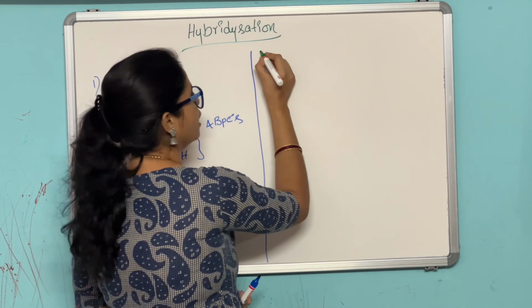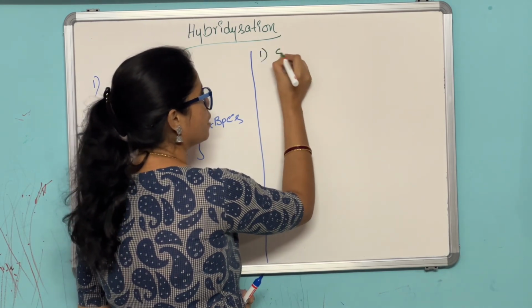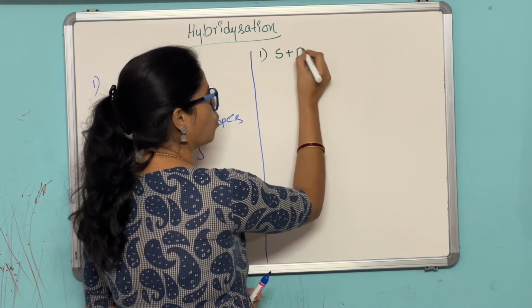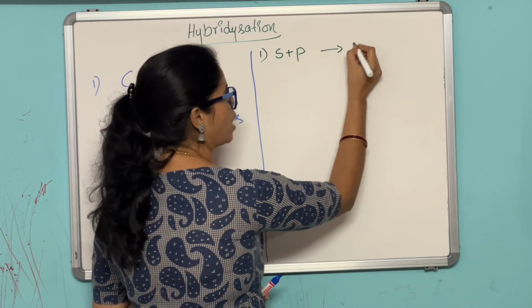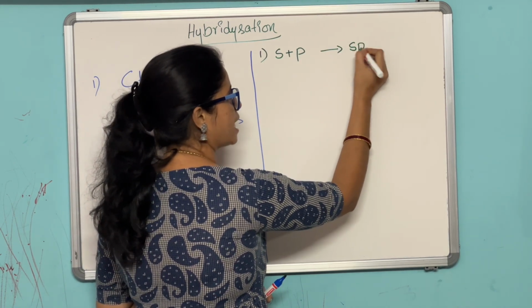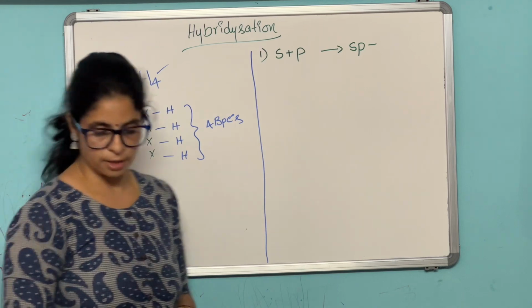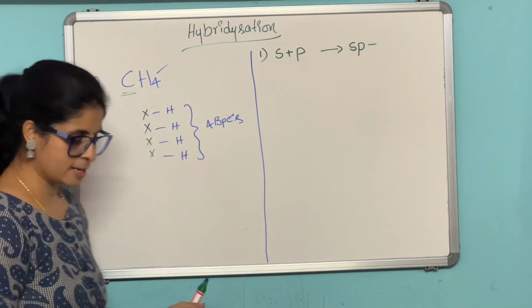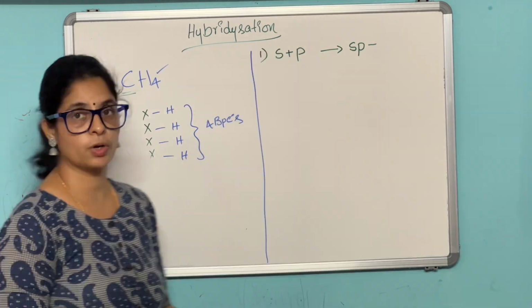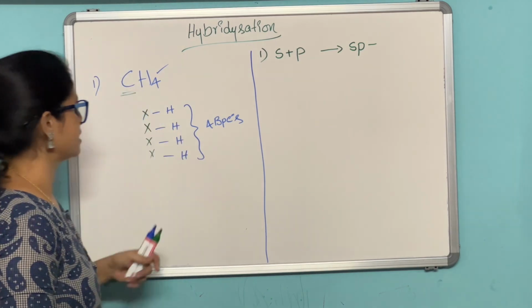If one s orbital and one p orbital overlap, the type of hybridization is sp hybridization. First you make this as a chart. After that we'll discuss these examples.